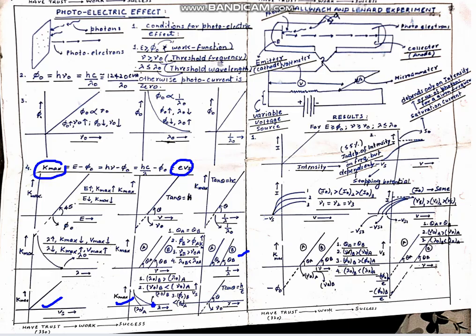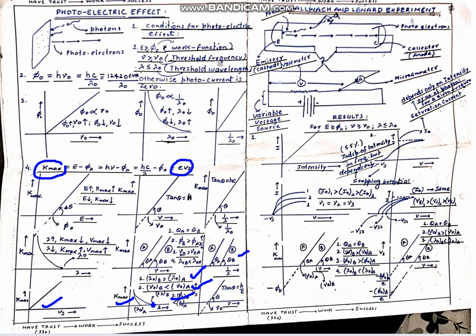And as you can see from the graph that lambda naught for B is greater than that of A. Since lambda and frequency are inversely related, so we can say that threshold frequency for B will be less than that of A. So these three inferences we can make, and work function is directly related to threshold frequency, so the same relation will be valid for the work function as well.